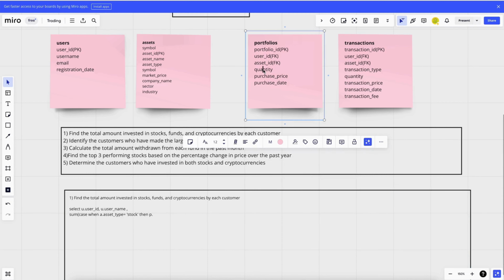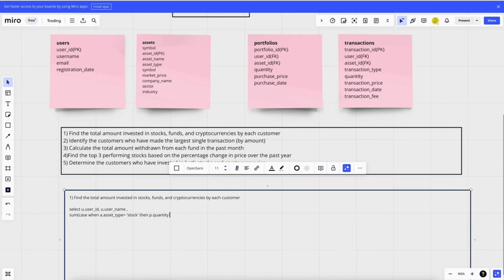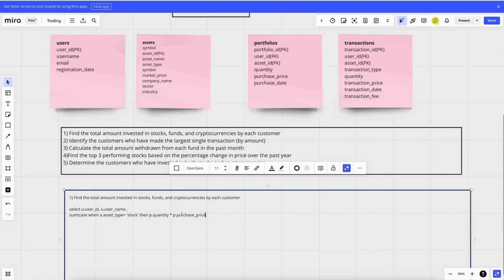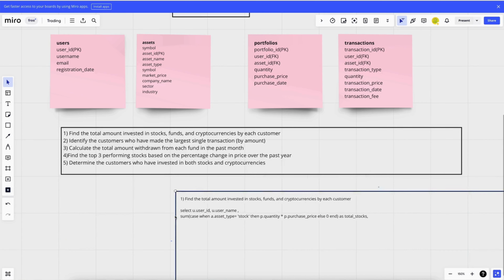So I'll just copy this, times purchase price, else 0 as, I'll just call this one total stocks.